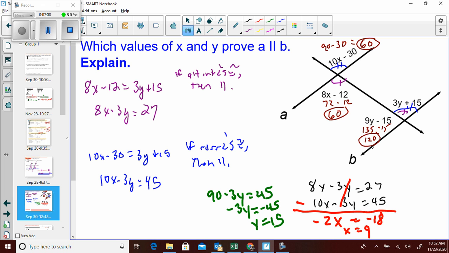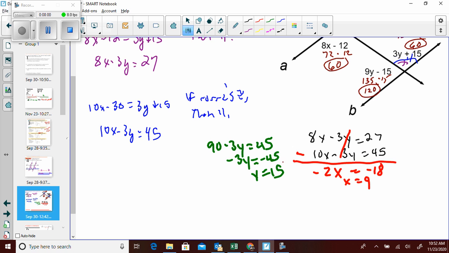Well, consecutive interior angles are supplementary. That's working, right? 3 times 15 is 45 plus 15, 60. Look at that. Alternate interior angles are congruent. Corresponding angles are congruent. Linear pairs are supplementary. Consecutive interior angles are supplementary. Vertical angles are congruent. They all work. So those are my final answers.